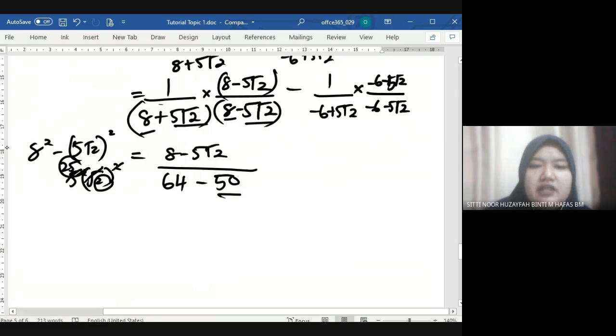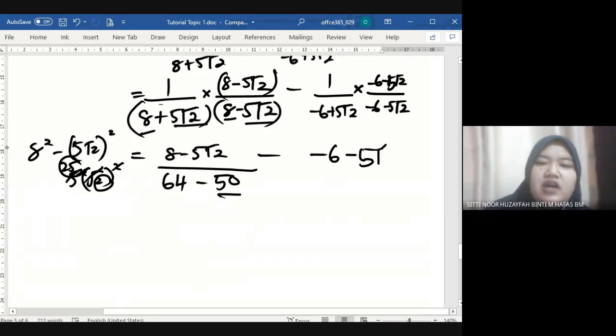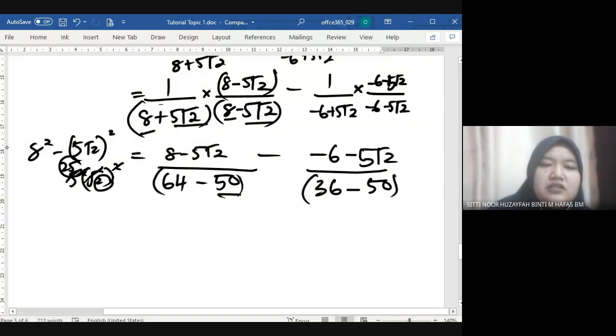Okay, and the right side we will have negative 6 minus 5√2 divided by negative 6 multiplied with negative 6. We will have positive 36, and minus 50 also. Okay, so for this one, solve for the denominator first.